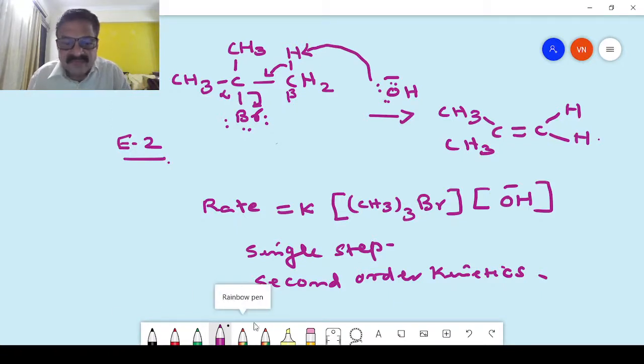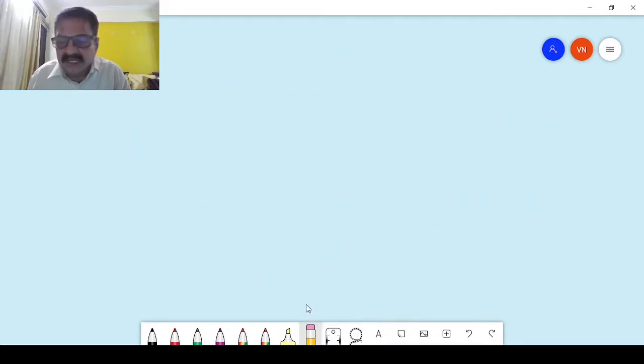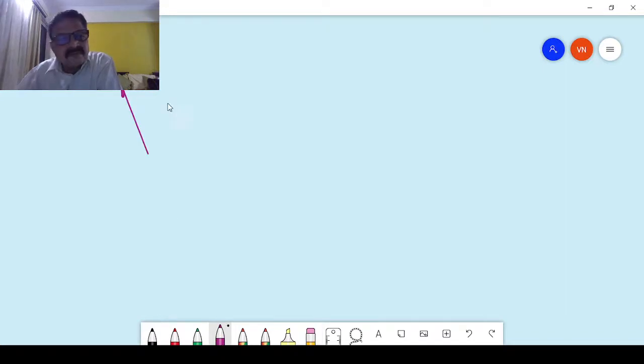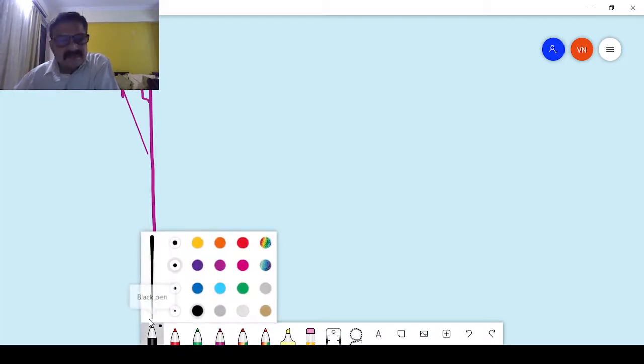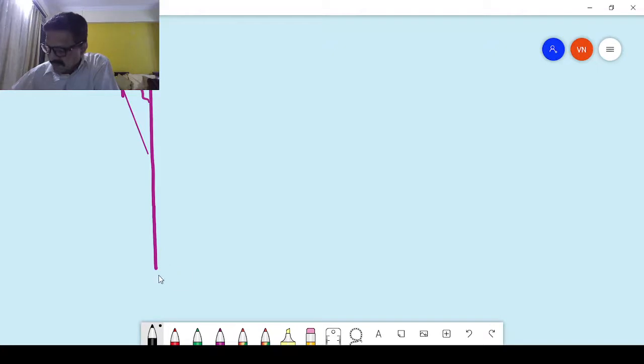Briefly, I will just tell you how this energy diagram can be drawn here.